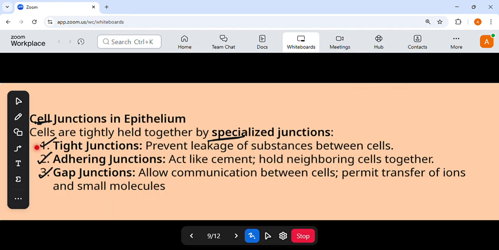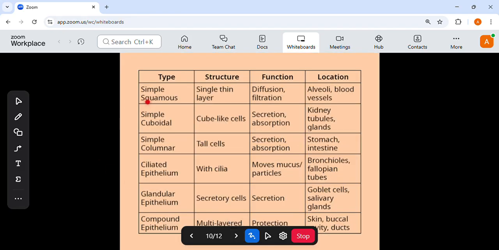So three types: tight, adhering and gap. By the name only we can understand its function easily. So let's summarize it. We have seen simple squamous, which has a single layer of cells, also known as pavement epithelium. The function is diffusion and filtration. Location is alveoli, blood vessels, Bowman's capsule, glomerulus.